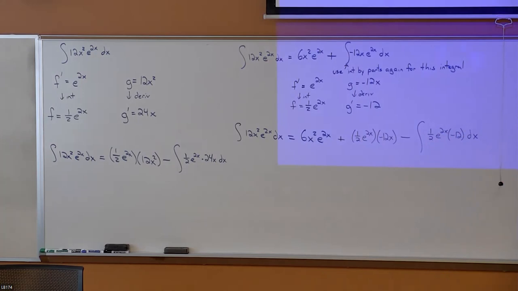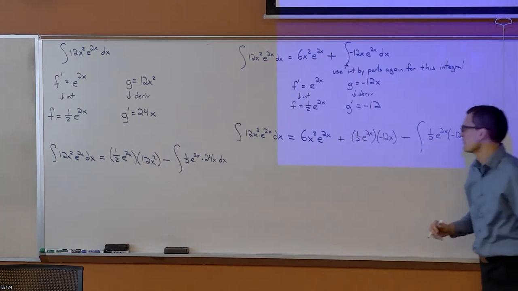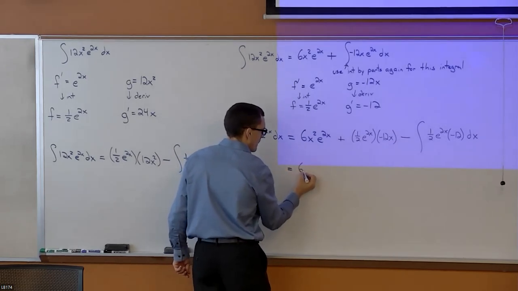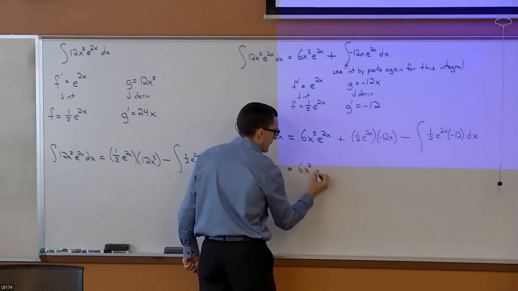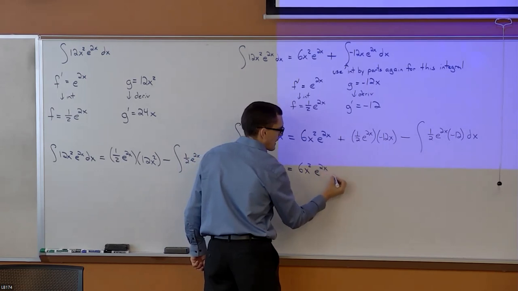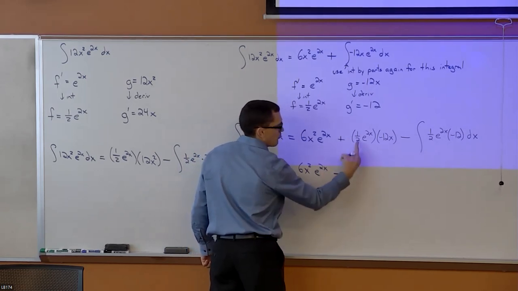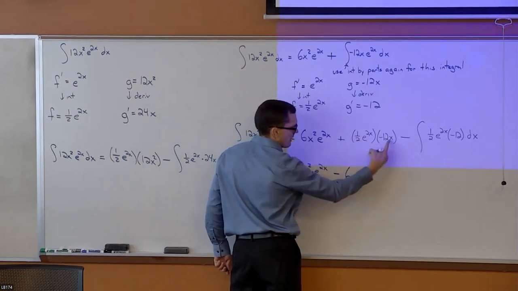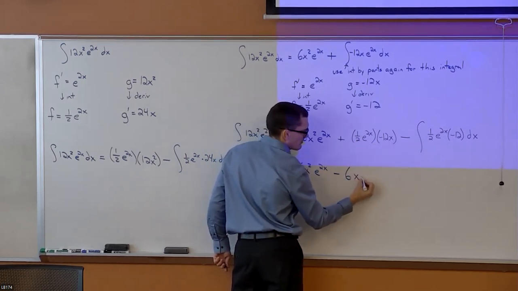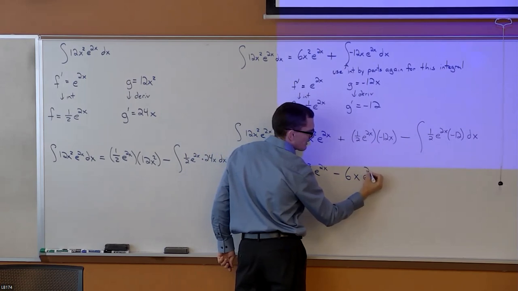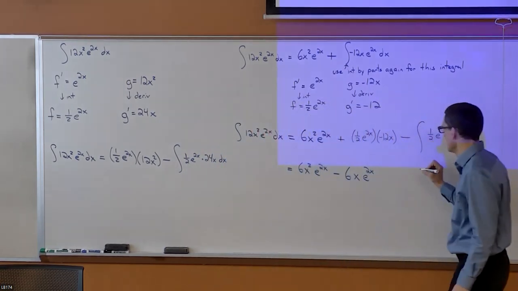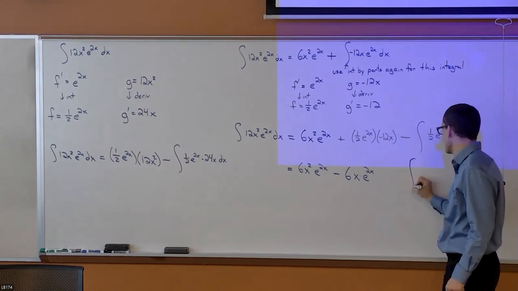I'll clean this up before I integrate. (1/2) times -12 is a -6. I have an x times e to the 2x there. I'm gonna do something real quick.